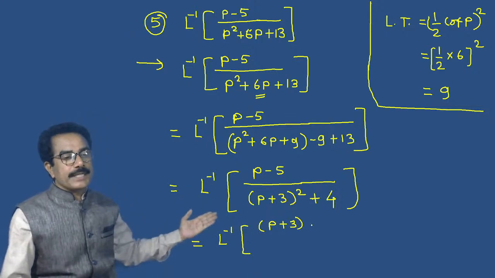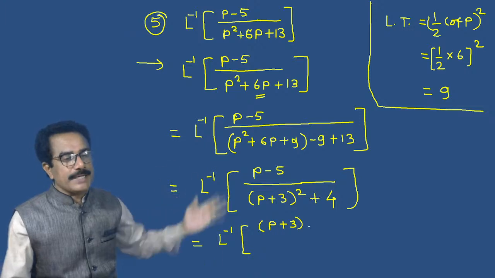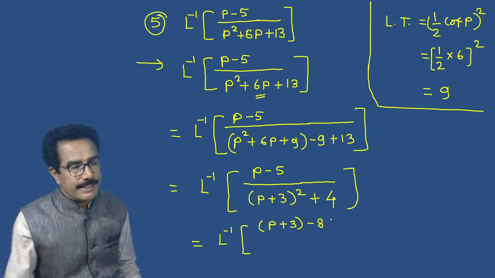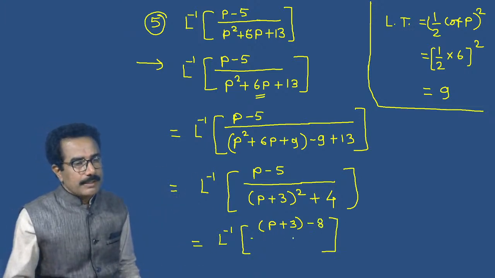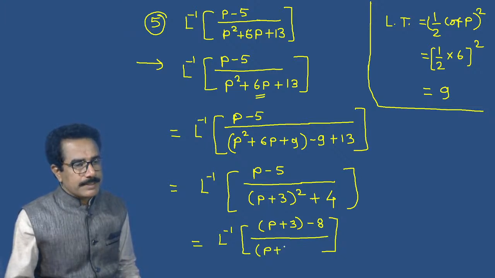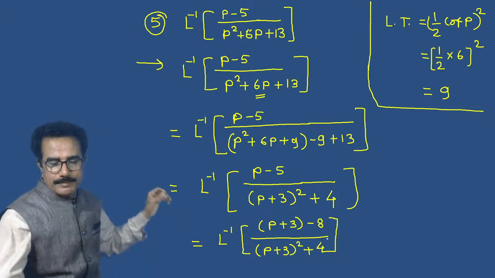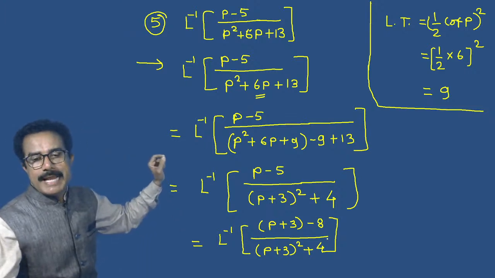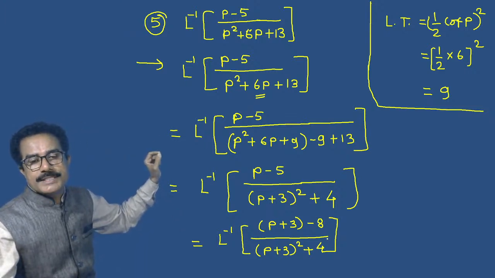For this plus 3, we can take minus 3 minus 5, which means 8, divided by p plus 3 bracket square plus 4.